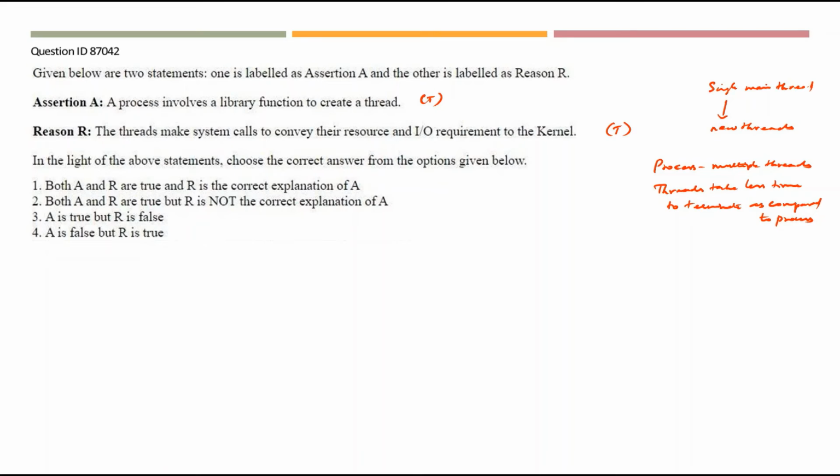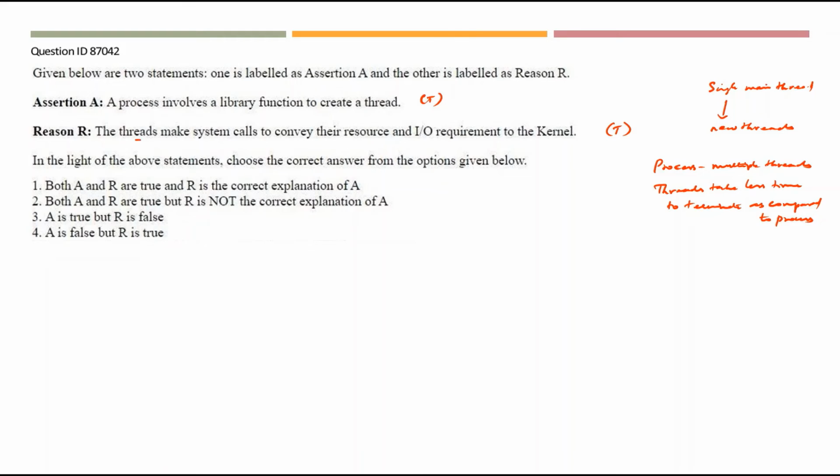The job will be split into multiple threads, so automatically a thread will take less time to complete or terminate compared to the whole process. Here they are saying the process is invoking a library function to create a thread. This is about creating a thread from a process using some system call. Here they are saying the threads make system calls to convey their resource and their requirements to the kernel.